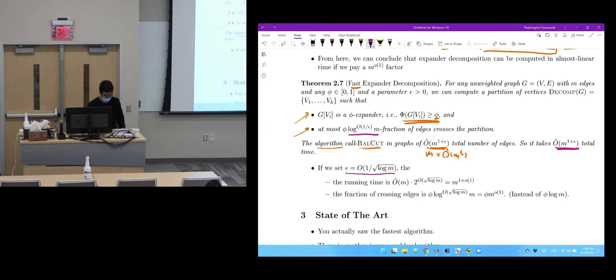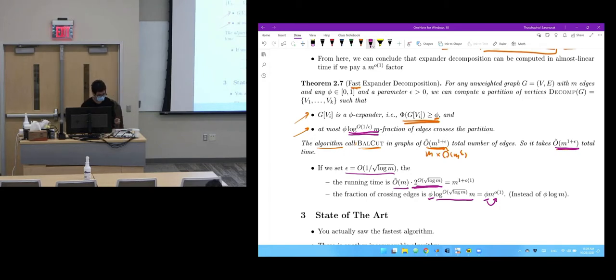Then the running time here is going to be m times this thing, and this is a subpolynomial factor now. And also this thing, when you plug epsilon in, you get this much, and this is also subpolynomial.